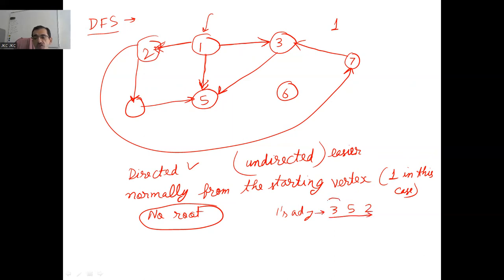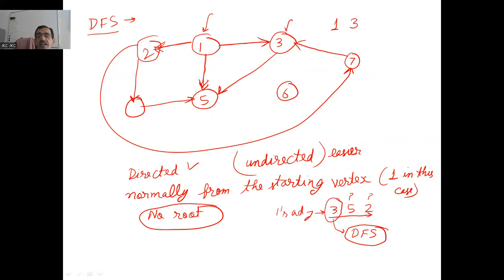If they are stored in this order, first of all, I will start with 3. Now, 3 means I will print 3, but now I will resume from 3 onwards. Again, a DFS to be applied on 3. So that will mean other adjacents of 1 will still be uncovered and waiting, but from 3 onwards I will start.